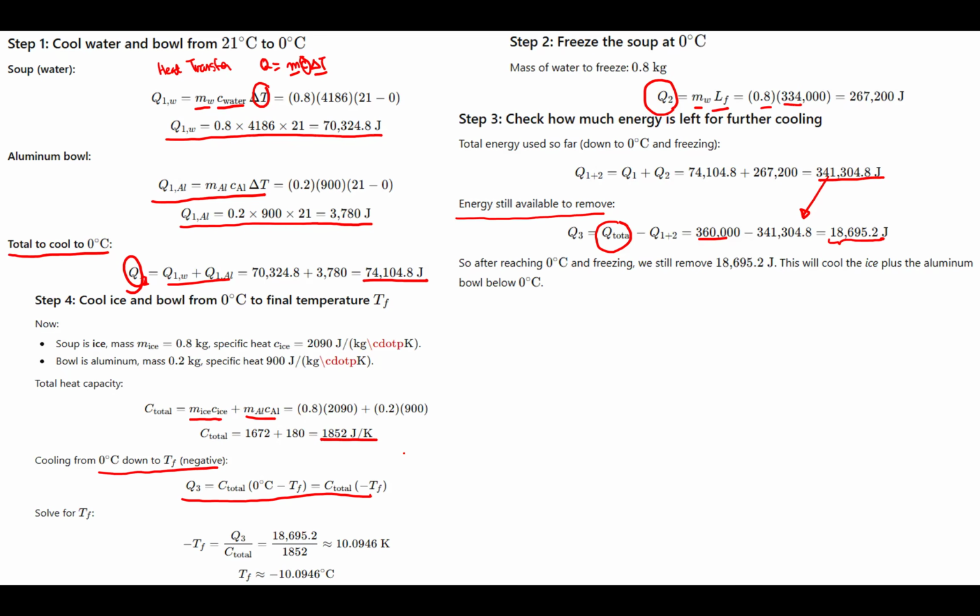It is nothing but m_ice c_ice delta T plus m_aluminum c_aluminum delta T, so you can factor delta T out, but you can also do it individually. Anyhow, what we now know is that we have leftover energy Q3, and this should be equal to this, so that the final temperature is given by this much.